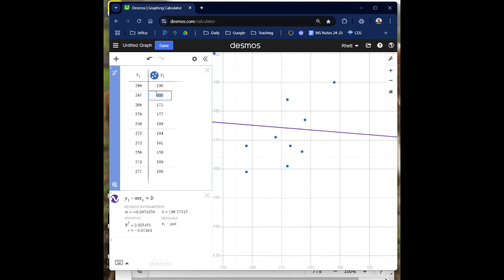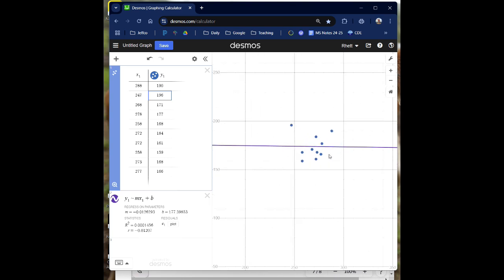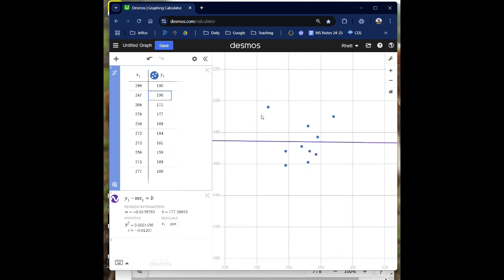Why is it doing that? 247, 200, 197, 196. So we can see that it's totally changing, right? Those values when we alter those data points. 190. Let's see, 99. Let's do 100. Let's do 50. So it's changing those values.